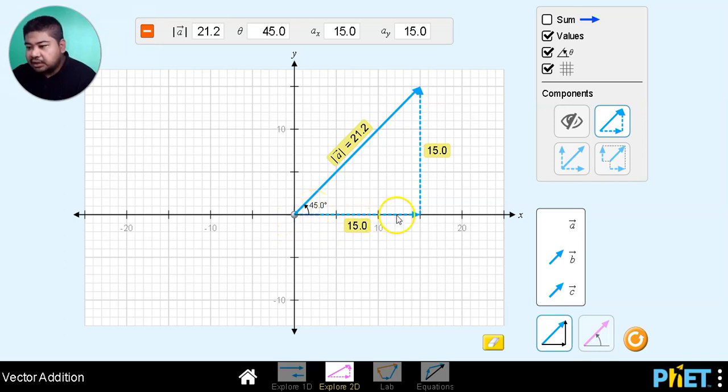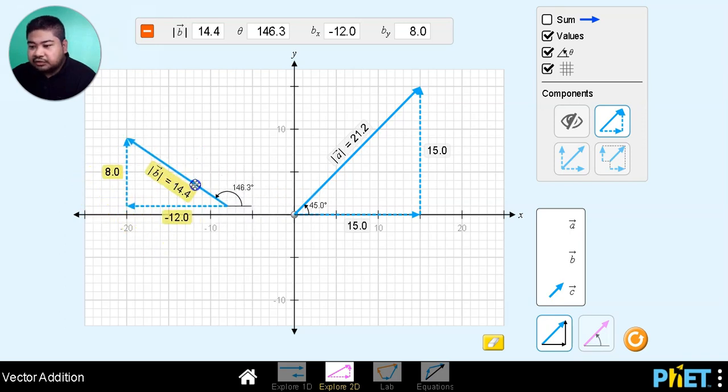It has a horizontal component of 15x and a vertical component of 15y. Let's say you have another vector, vector B. I'm going to add another vector to the Cartesian plane and put it there. It has negative 12x and positive 8y.